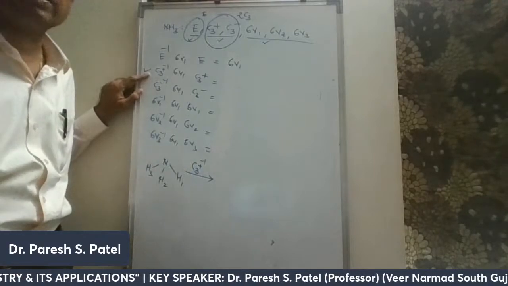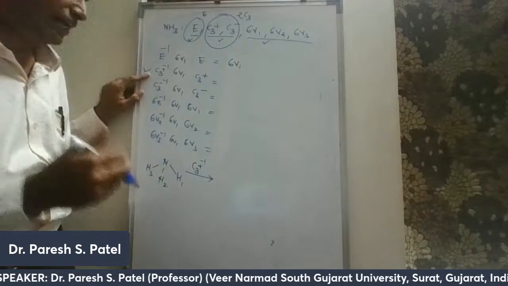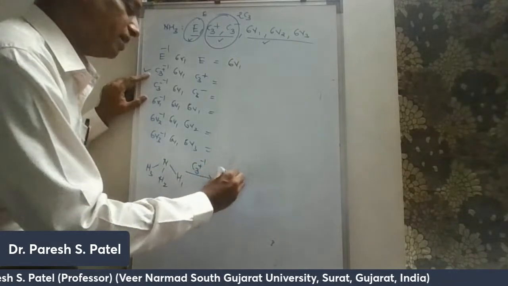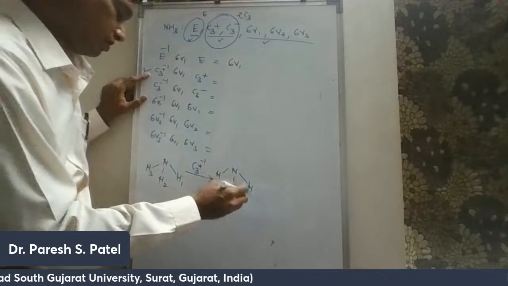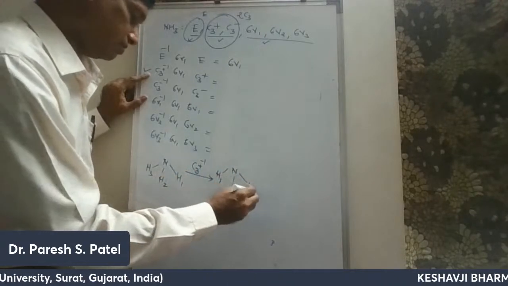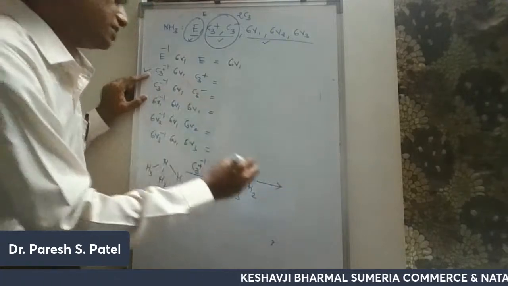C3 plus inverse means one time clockwise rotation, and its inverse means one time anti-clockwise rotation. 1, 2, and 3. Then sigma V1.